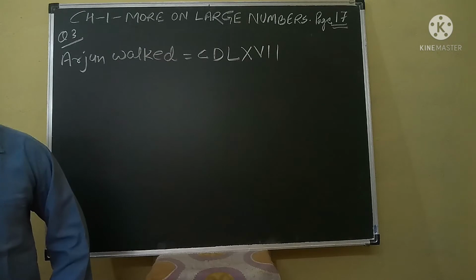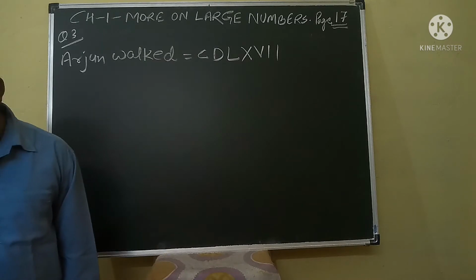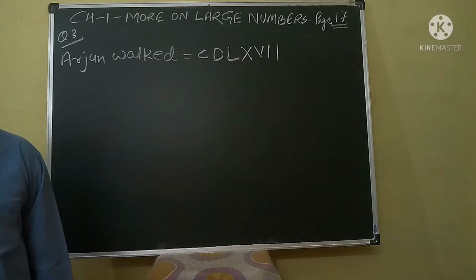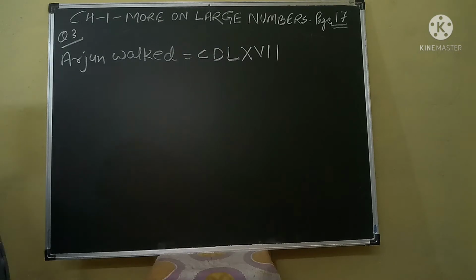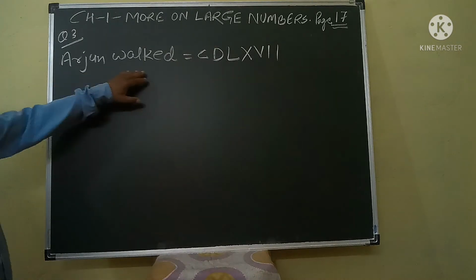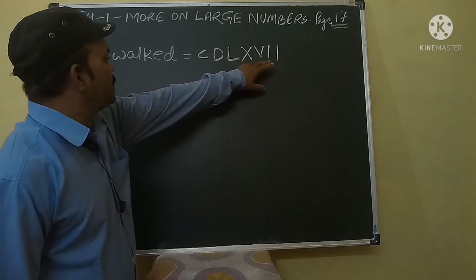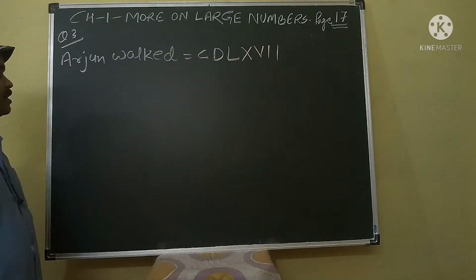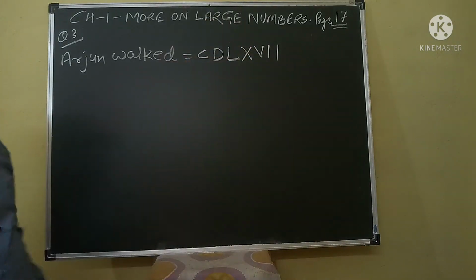How many meters did they walk all together? Express the answer as a Roman numeral. My dear student, Arjun walked CDLXVII. First we will discuss which natural number this Roman numeral stands for.